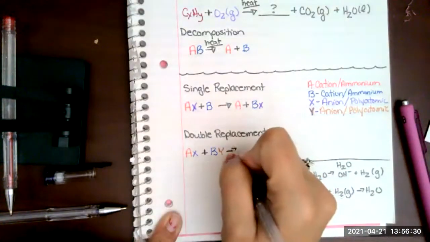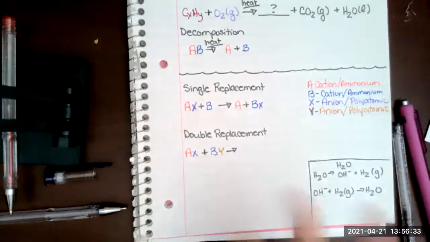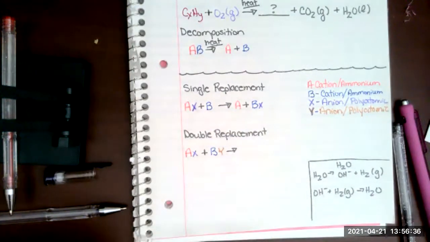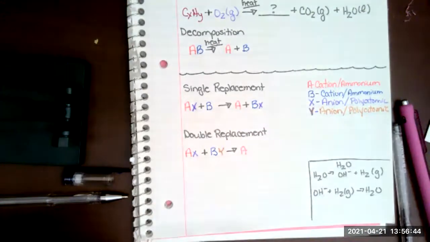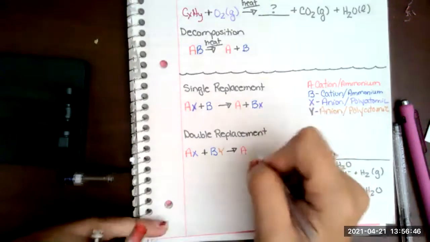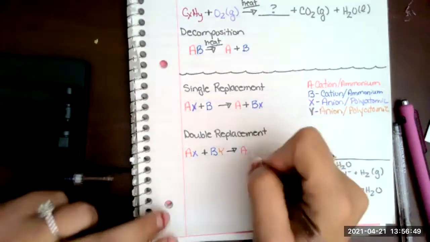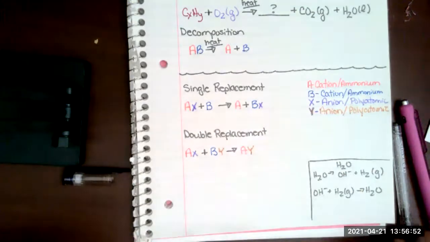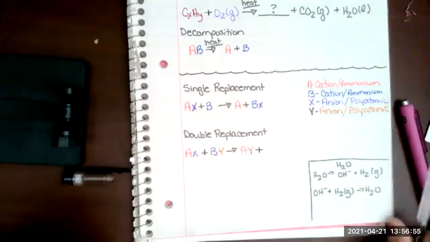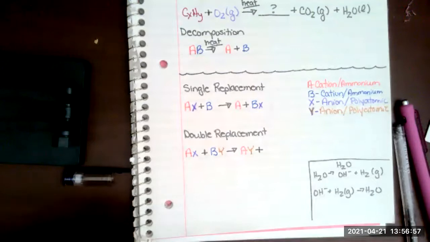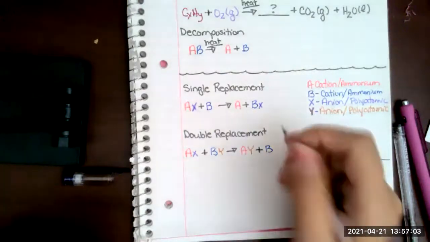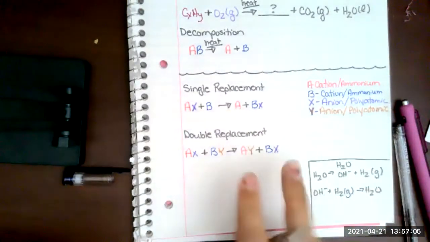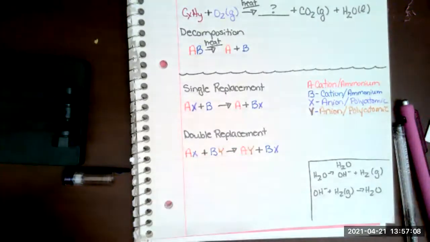So if you see two ionic compounds mixed together, you're gonna have a double replacement. Then you're gonna have AY, and that's going to be added to BX. Because the anions switch places.